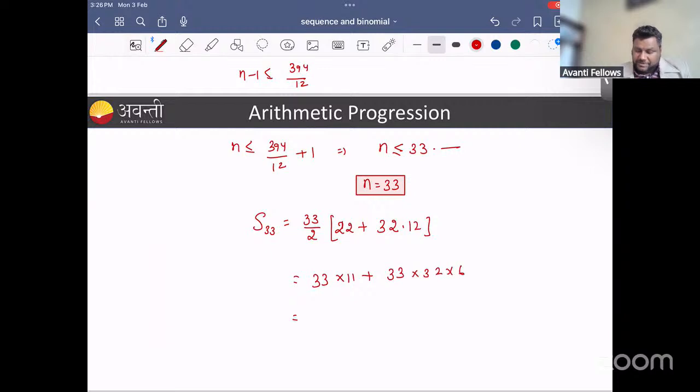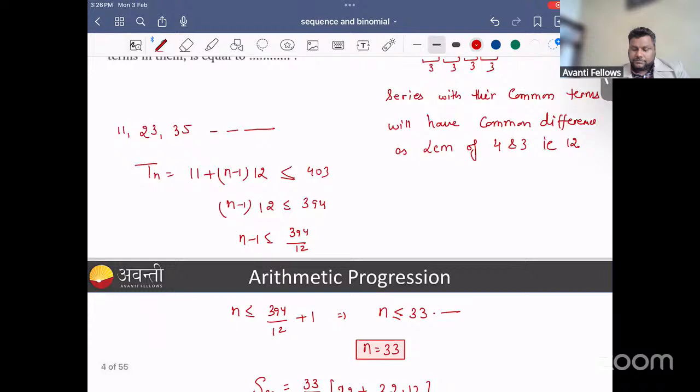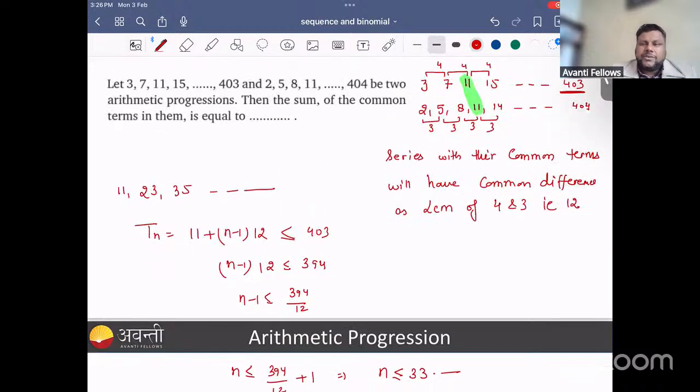Now if you simplify it, you will get 6699. Understood? Anybody having any doubt? Just put your doubt in the chat box or just switch on your mic and speak up. Anybody?